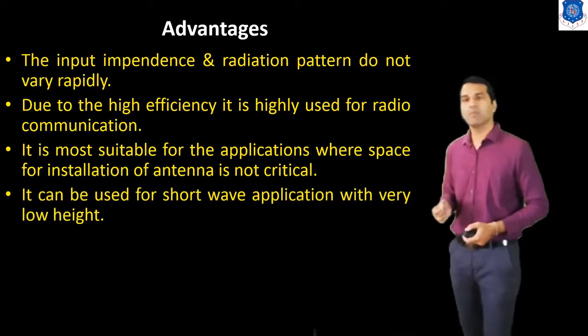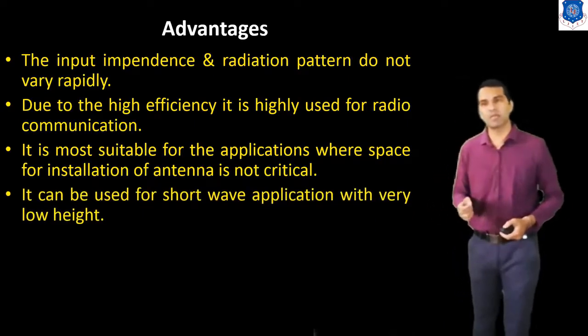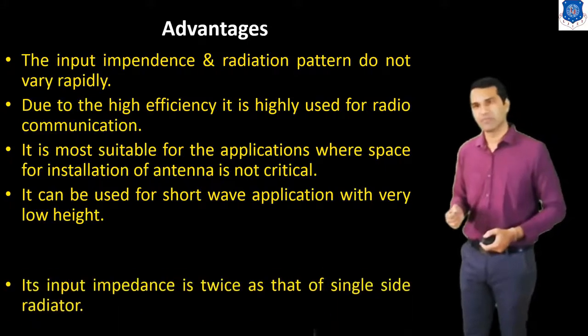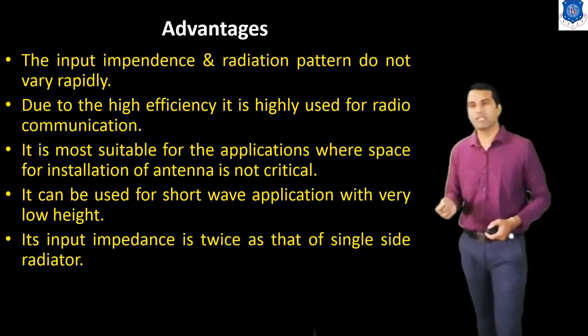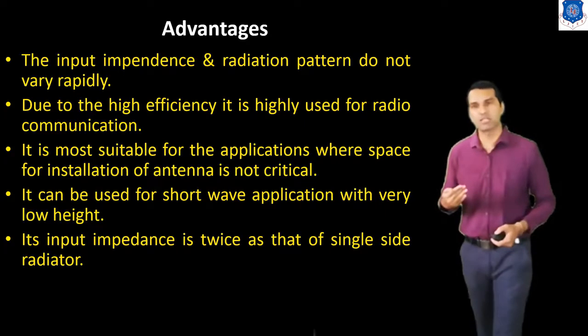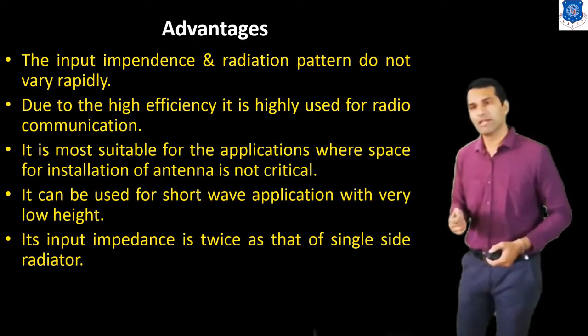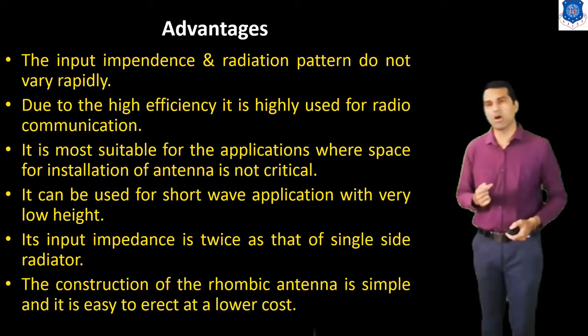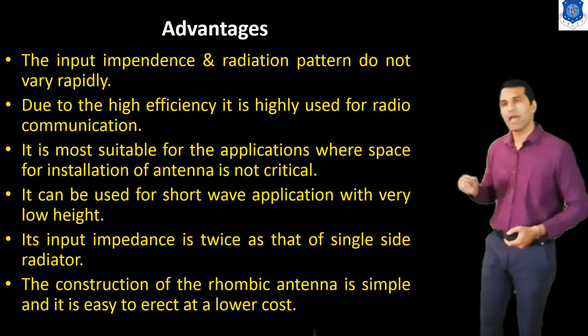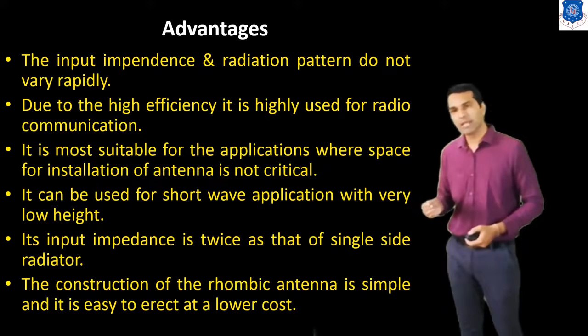Fourth, it can be used for short wave applications with very low height. Next, its input impedance is twice that of the single side radiator. And the last advantage is that the construction of the rhombic antenna is simple and it is easy to erect at low cost.